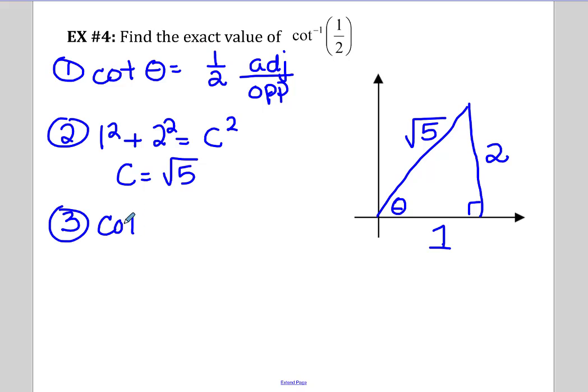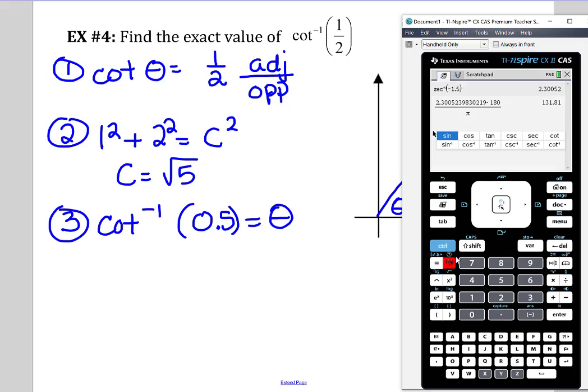Then jumping over to the calculator, cotangent inverse of 1/2 is the angle that we're interested in. What's the measure of this angle? So cotangent inverse, or arc cotangent of 1/2 is 1.107 radian.